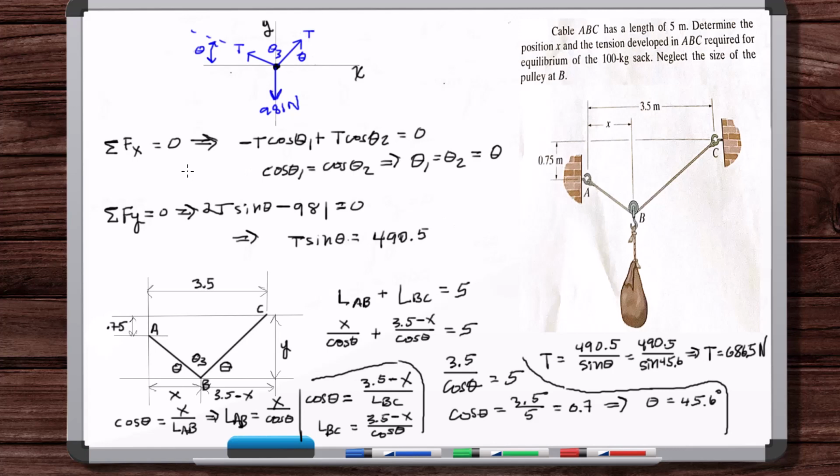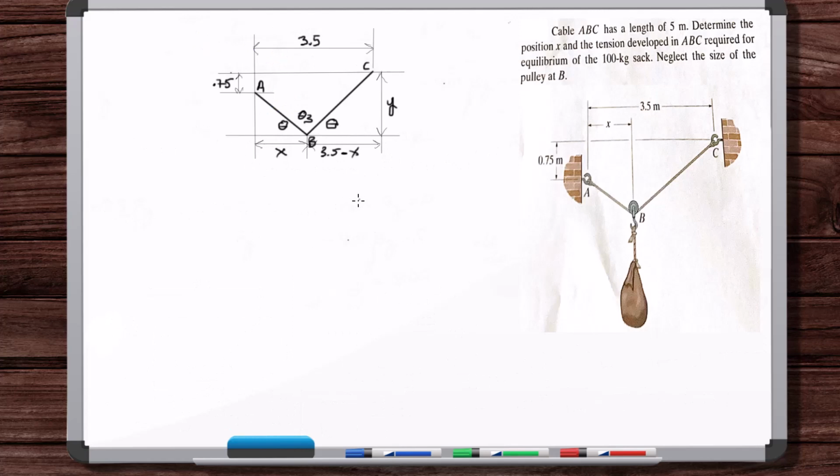So let's copy this. Okay, so we took the cosine of these angles. Let's see what the sine does for us. So here, sine of theta is equal to what?